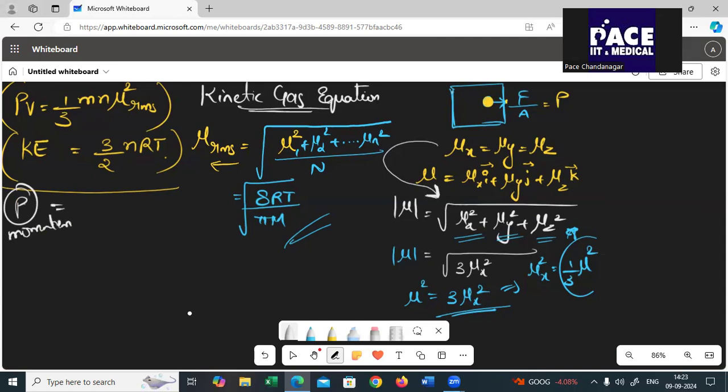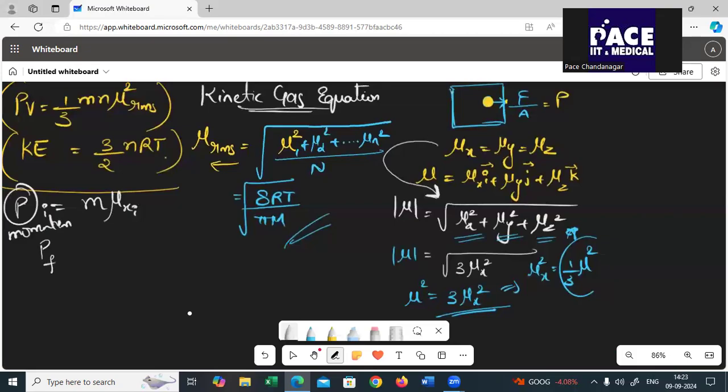Momentum is the state of motion of a particular substance we are talking about. The state of motion is defined by the momentum, and momentum is mathematically written as mass times velocity. So mass times velocity is m uxi, some random uxi. This is P initial.